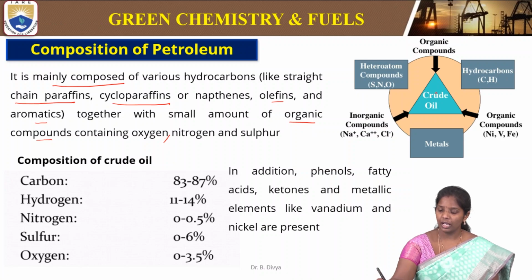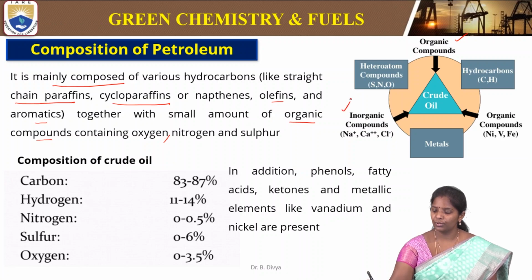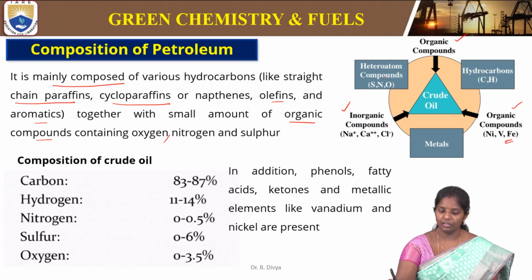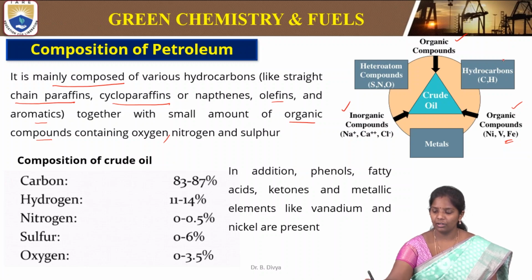Just remember that as soon as we get crude oil, it will contain organic compounds, inorganic compounds, and organic compounds containing metals like nickel, vanadium, iron, and so on. These heteroatoms contain sulfur, nitrogen, oxygen, and hydrocarbons are nothing but hydro and carbon. Hydro is H, hydrogen, and carbon is carbon. So just remember that carbon and hydrogen containing compounds, metals and heteroatoms are present in the composition of petroleum.